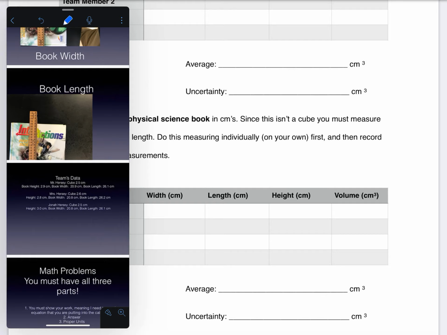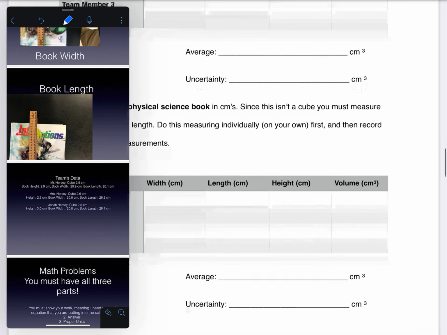So I wrote down mine. I had Mrs. Hersey write it down without telling her much. And then Jonah looked at the measurements, and he told me his measurements. So I'm team member 2, Mrs. Hersey's team member 3, and Jonah is team member 4.